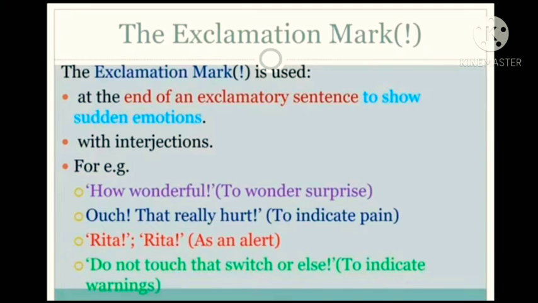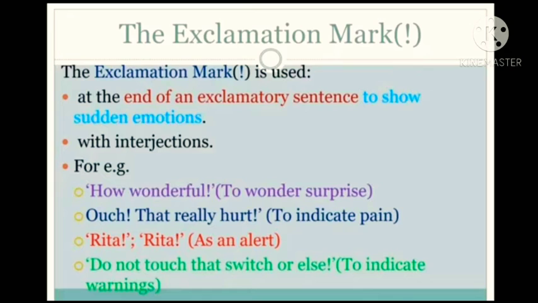Then comes the exclamation mark. The exclamation mark is used at the ending of an exclamatory sentence to show sudden emotions or with some interjections. For example, how wonderful, to show surprise or wonder. Ouch, that really hurt, to indicate pain. Rita, as an alert. Do not touch that switch or else, to indicate warnings.